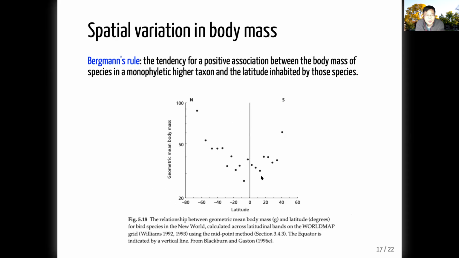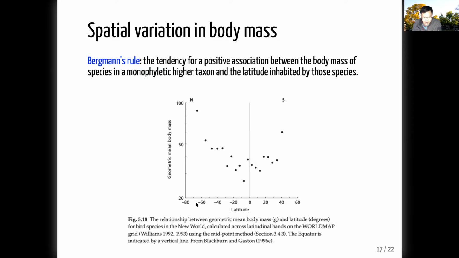And we can also talk about the spatial variation in body mass. Here, one particular hypothesis is Bergmann's rule, which is the tendency for a positive association between the body mass of a species in a monophyletic higher taxon, and the latitude inhabited by those species.